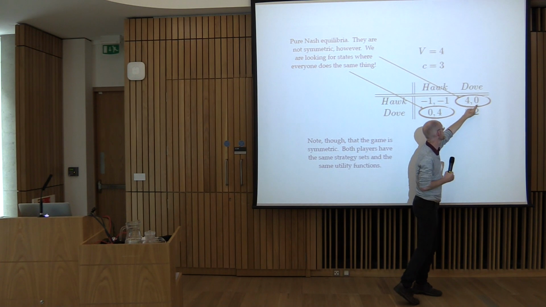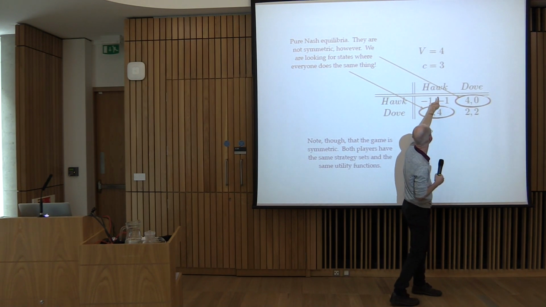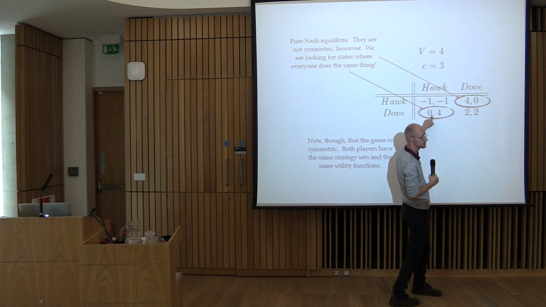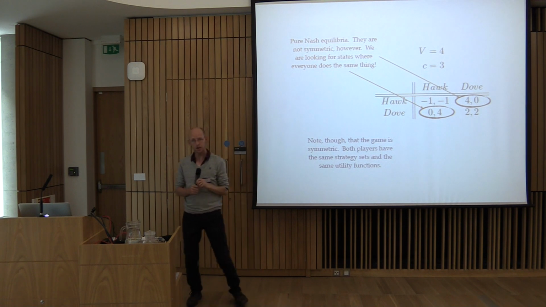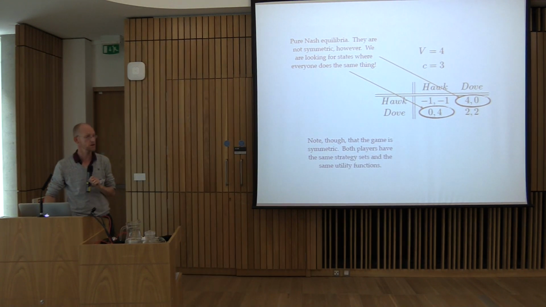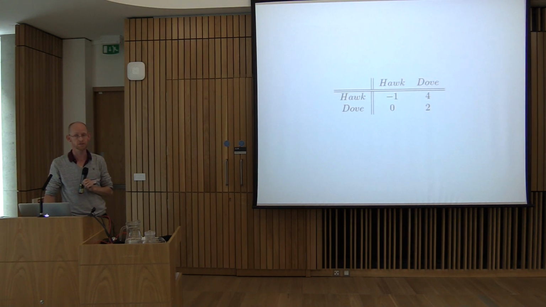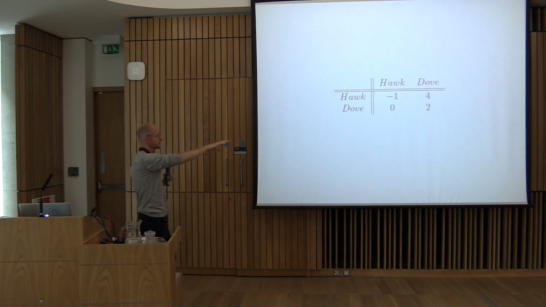So if you play hawk and the other plays dove, you always get 4 and the other gets 0, and here it's the same. So you don't have to look at both of these utilities. You can just concentrate on your own utilities. Because it's a symmetric game, you can think of the game in this way, just looking at your own utilities.